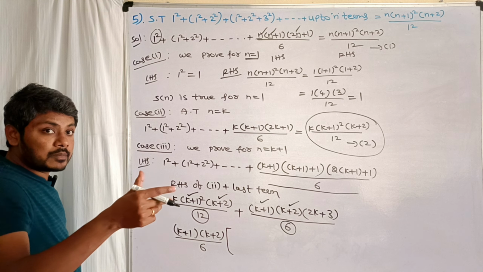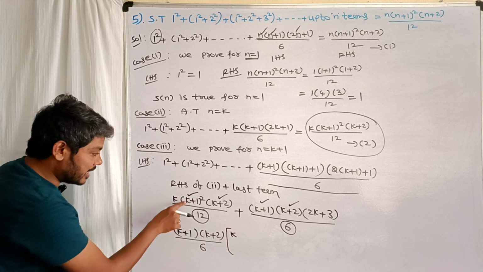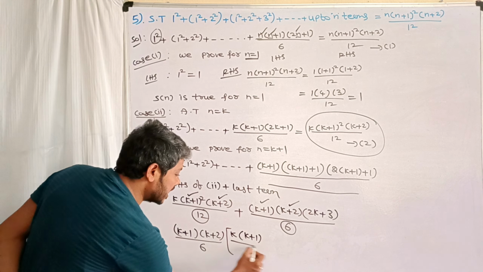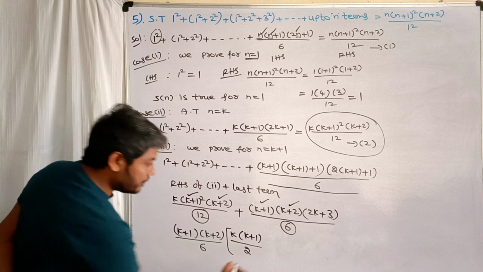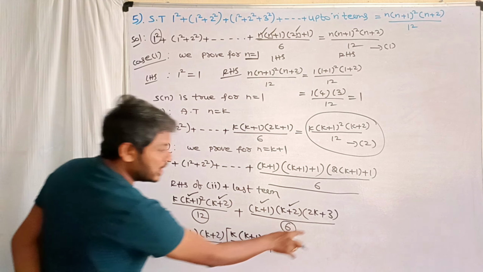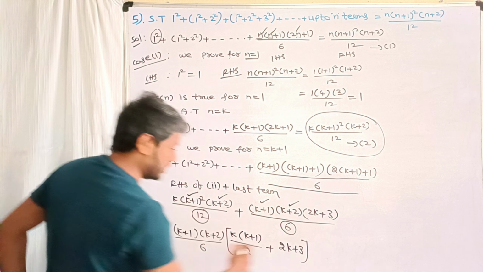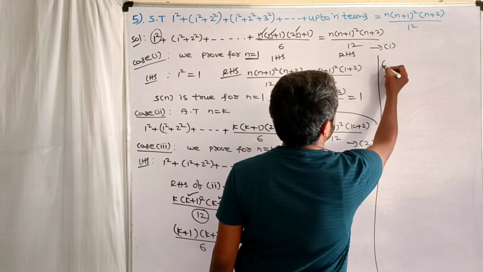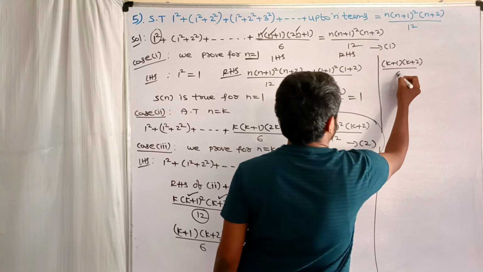What are the remaining terms in the first? k in the numerator, and again one more (k plus 1), which is divided by 6, 2's plus 2. Again (k plus 1)(k plus 2) by 6 is common. Here we have only 2k plus 3. So clearly this can be written as (k plus 1)(k plus 2) divided by 6.